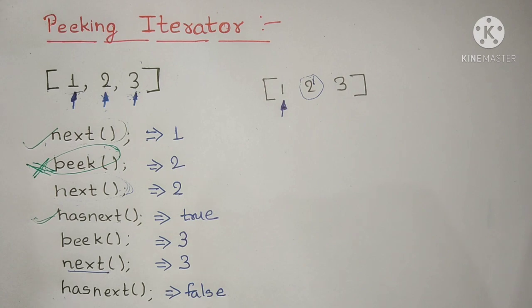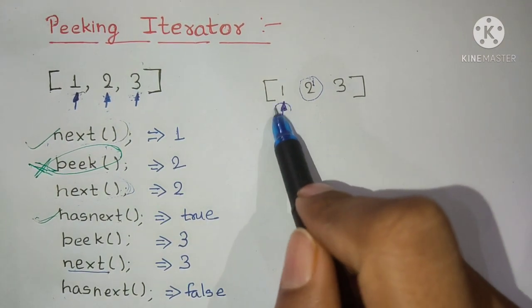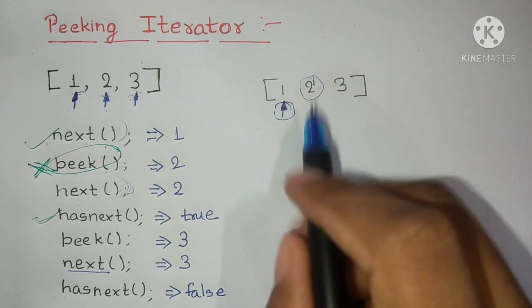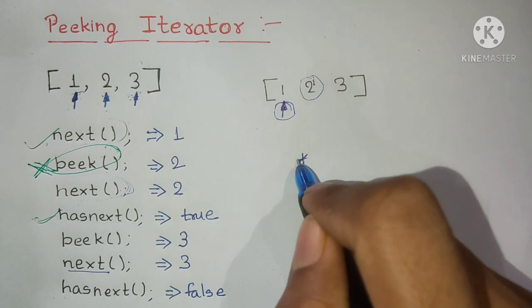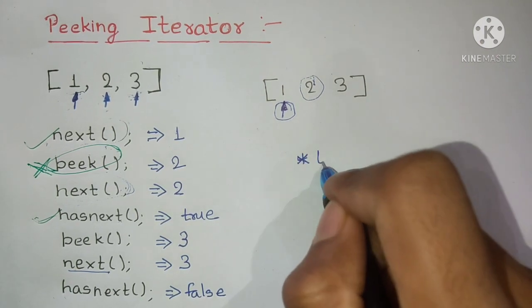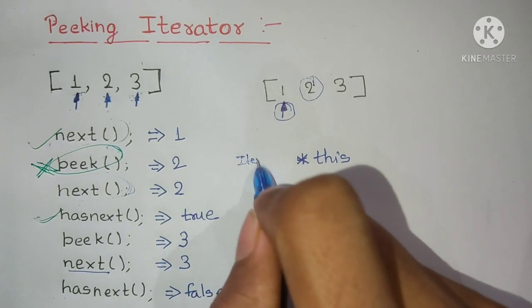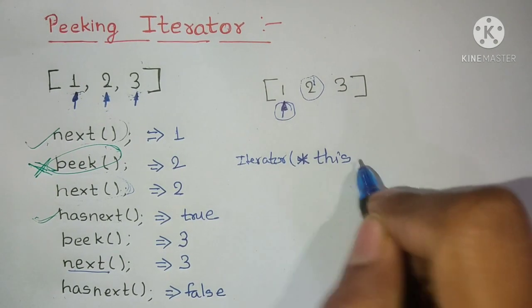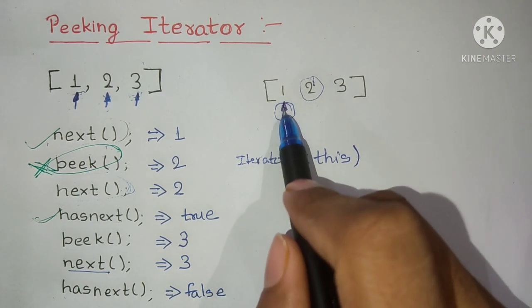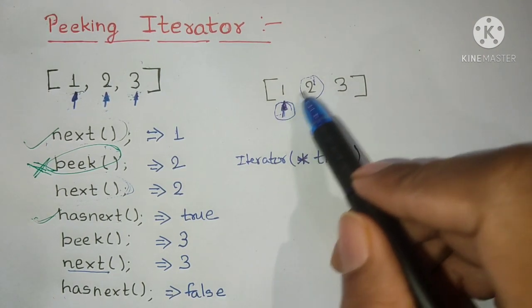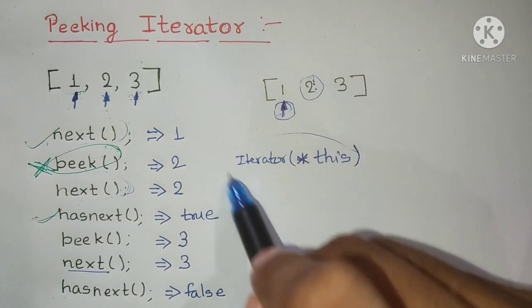So how can we do that? One idea is, what if we copy this pointer? So we copied this pointer and we apply next on this copy.